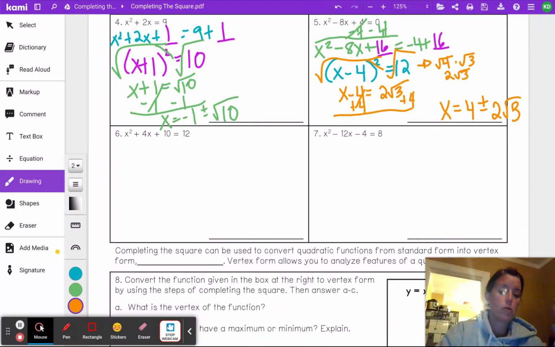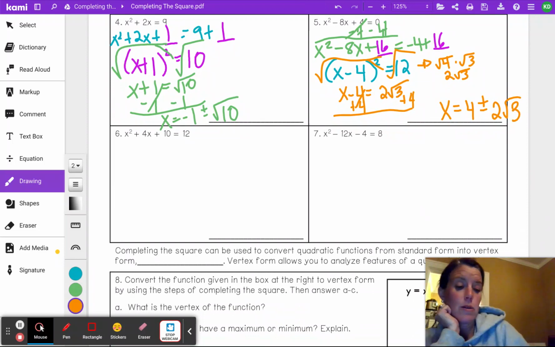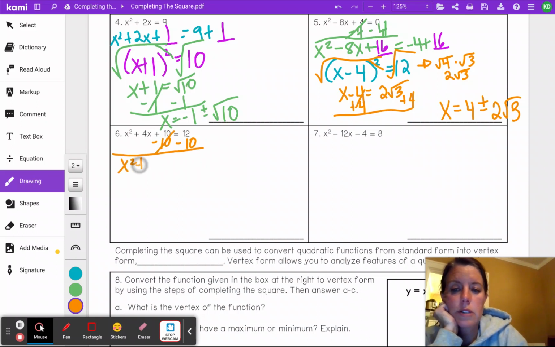If you all are wanting to do any of these on your own and just check your answer, just put me on pause. I won't be offended. All right, so first thing I need to do is get rid of my c that I have now by subtracting 10 from both sides. Now I've got x squared plus 4x plus whatever this is equals 12 minus 10 is 2.